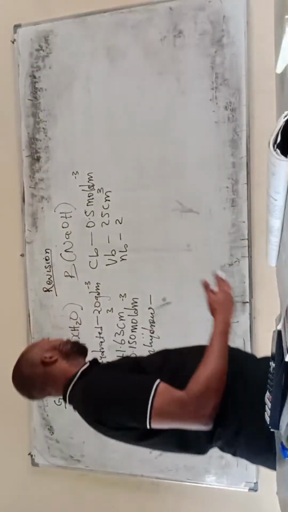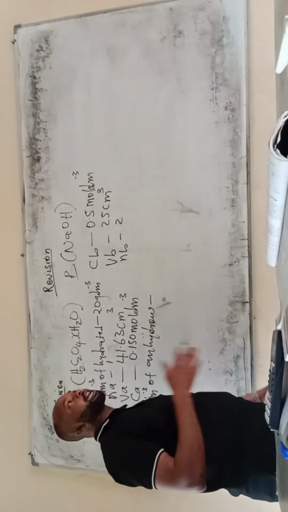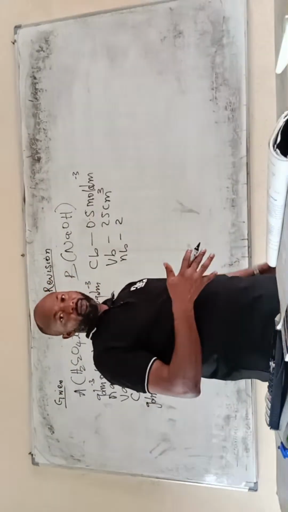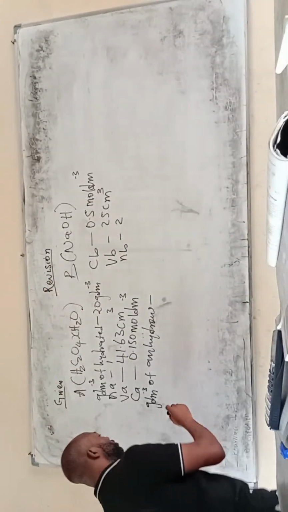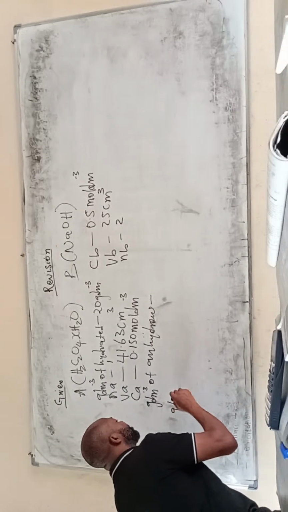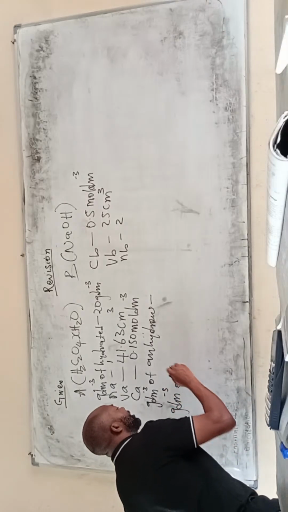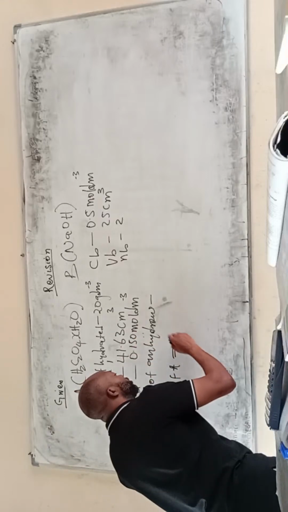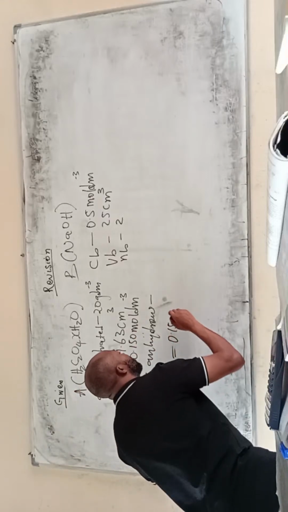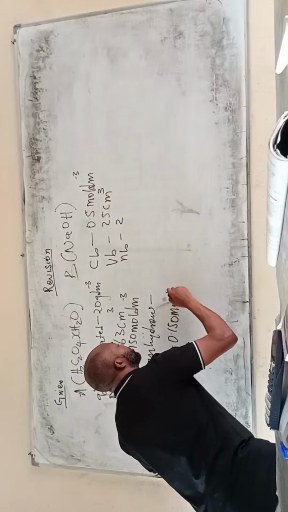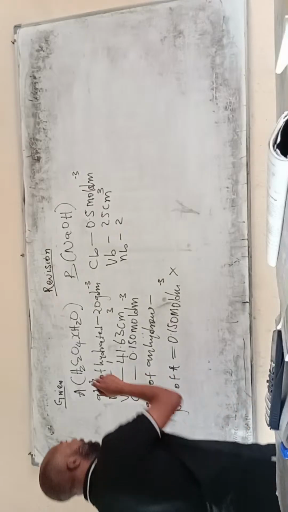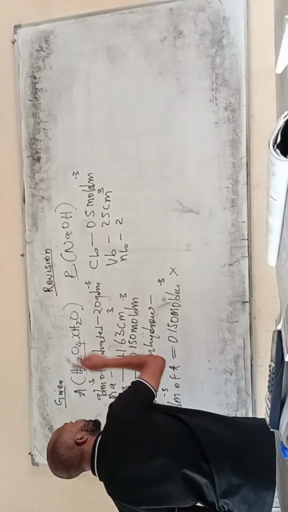So, the molar concentration of sample A times the relative molecular mass of anhydrous A. So the mass concentration in g/dm³ of anhydrous A is equal to the molar concentration of A, which we just got here to be 0.150 mole per dm³, times anhydrous A.